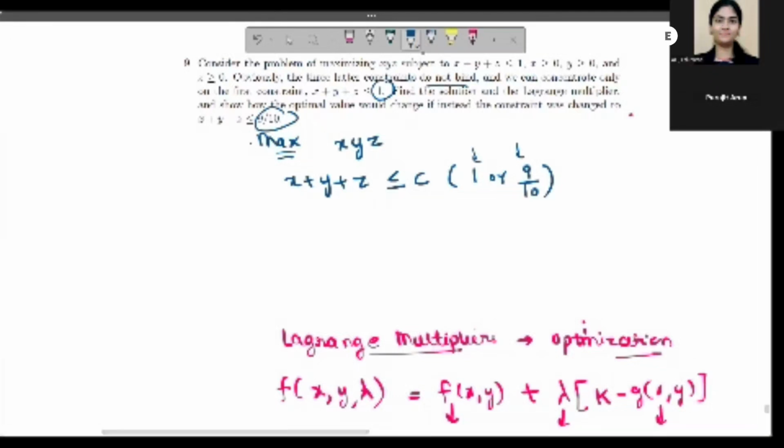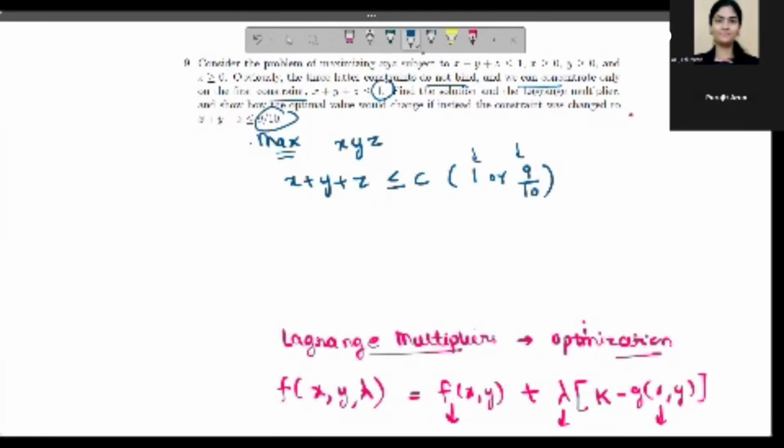So how would you approach it? Ma'am, we follow the same process, right? Yes. Do you get this line, the three latter constraints do not bind? Ma'am, it could also bind. It can also not bind.